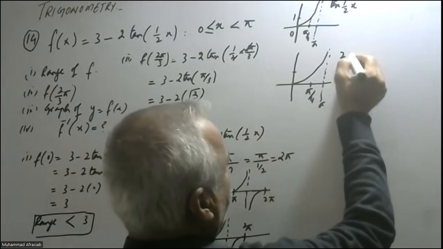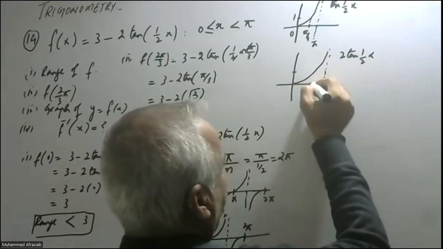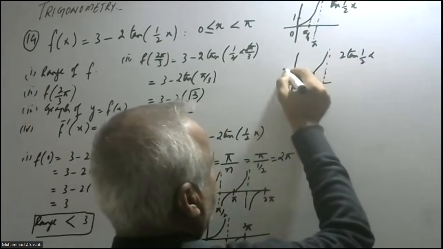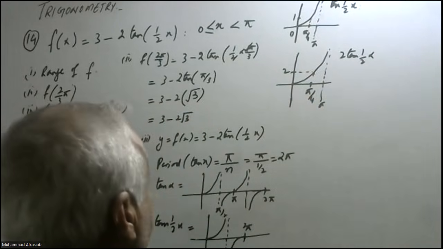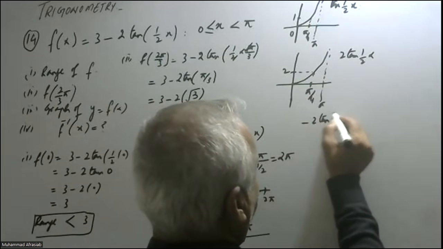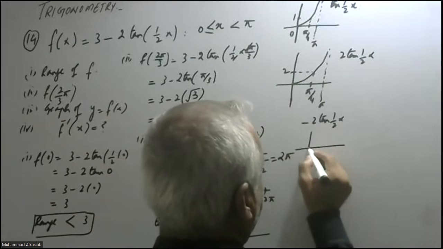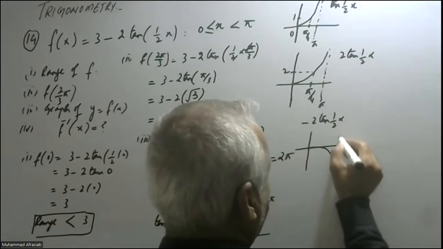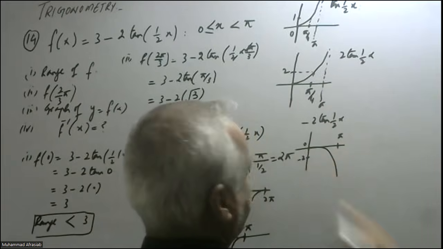So this value will be equal to 2 tangent of half x, and at this value it will be equal to 2. Then minus 2 tangent of half x, the graph will be like this. And this value is minus 2 there.